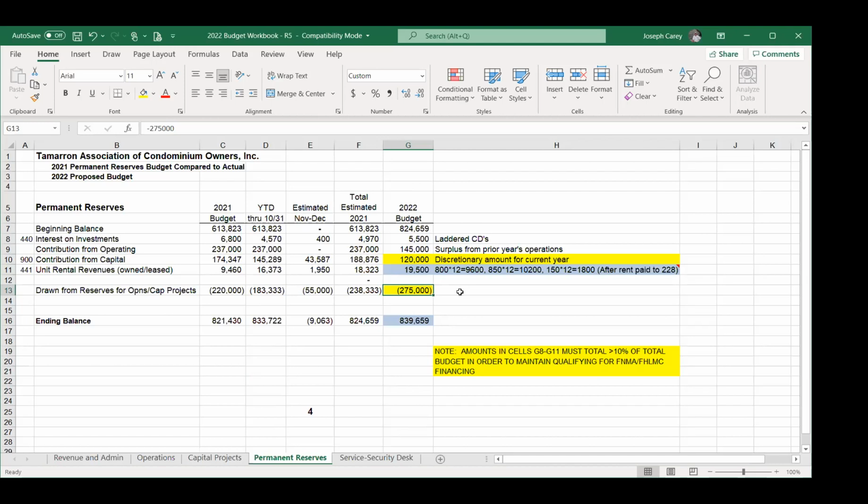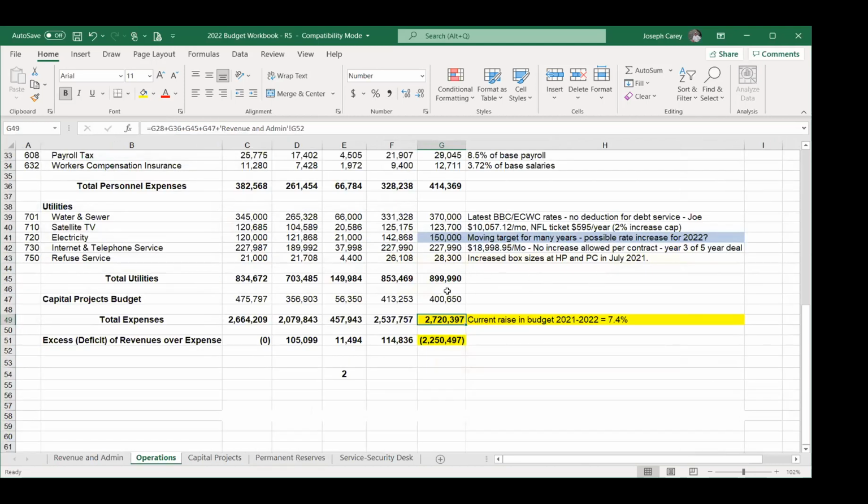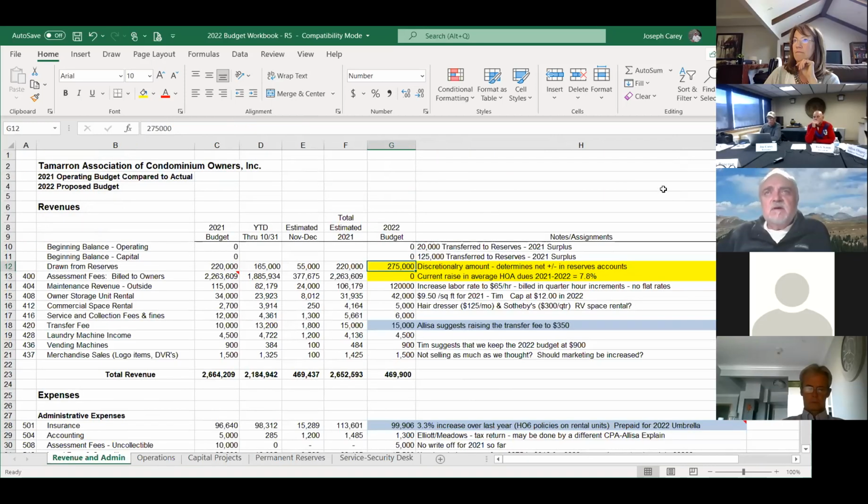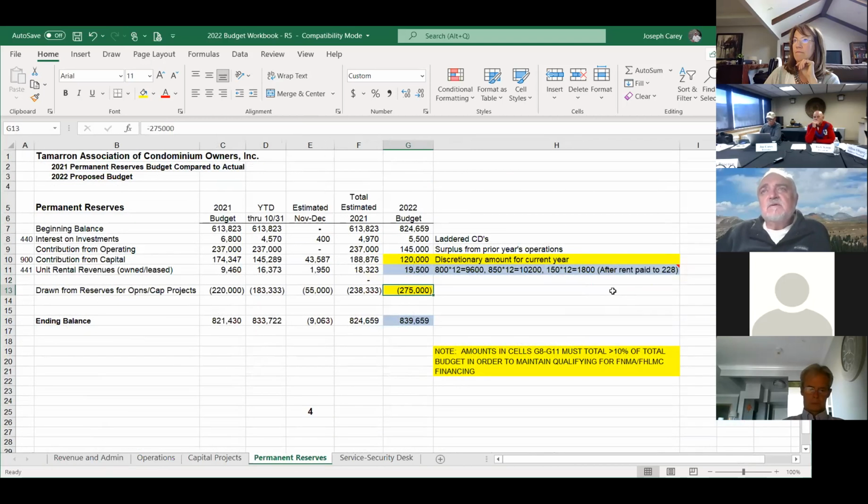No, it doesn't, but it still helps to get this bottom line. Once we do the owner's assessments, it helps to get this bottom line to zero. Yes, it's the bucket of money theory. And all it does is reduce the amount that we have to collect from regular assessments by that amount.